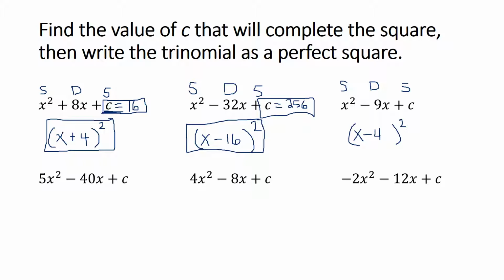That would be negative 4.5. And last, square that. Negative 4.5 squared is 20.25. So the pattern stays the same even when you're dealing with decimals.